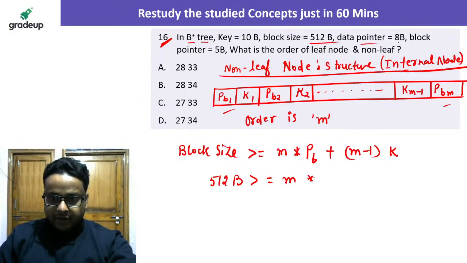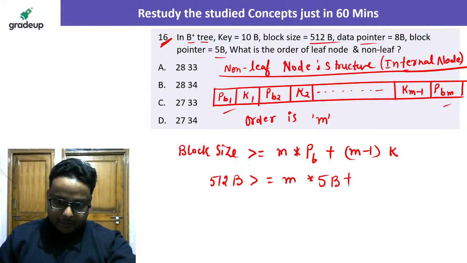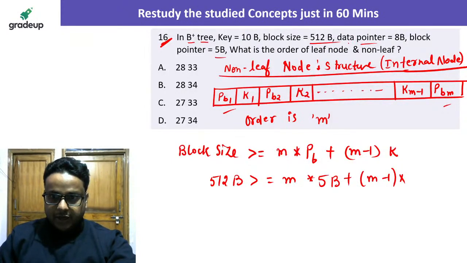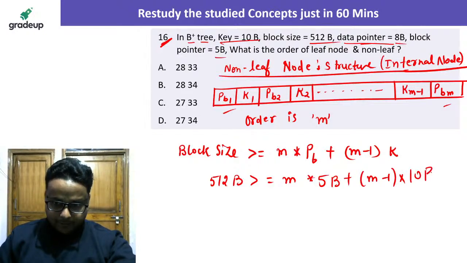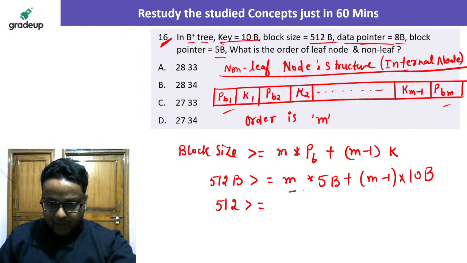So data pointer and block pointer are 5 bytes, plus m minus 1. What is the key size? Data pointer is 8 bytes and key size is 10 bytes. Now 512 is greater than or equal to 5m plus 10(m minus 1).